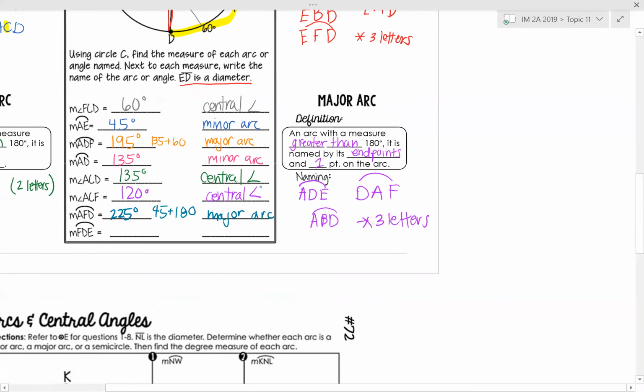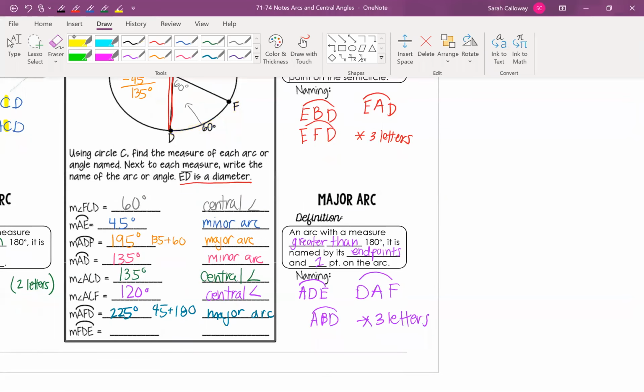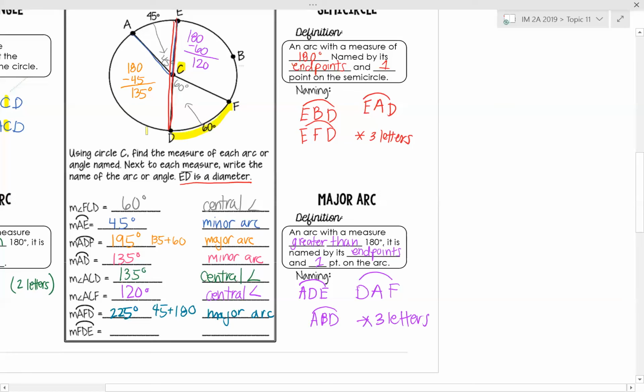Okay, our last arc is the arc from F to E. Start at F, go towards D, and stop at E. So starting at F, D is over here, and I'm stopping when I hit E. If I look at this one, I have kind of a similar situation. From E to D is the 180, right?